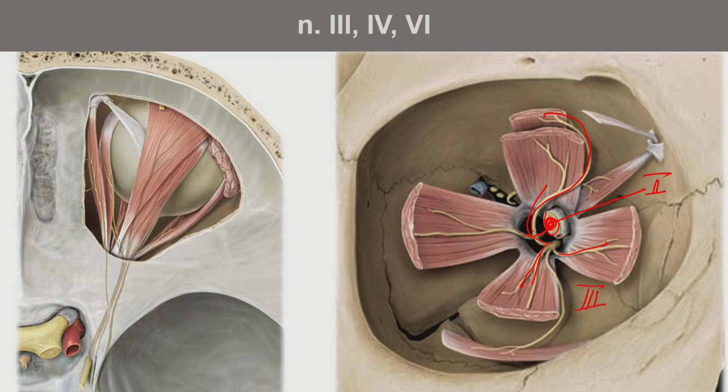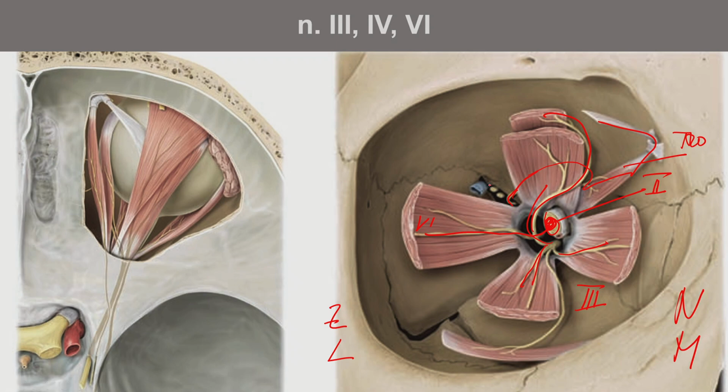This is the sixth nerve. You can see here the nose, and here is the zygomatic, so this is medial, this is lateral. And the last nerve is going this way and innervating the muscle from behind. This is the trochlear nerve, and the muscle is the superior oblique.